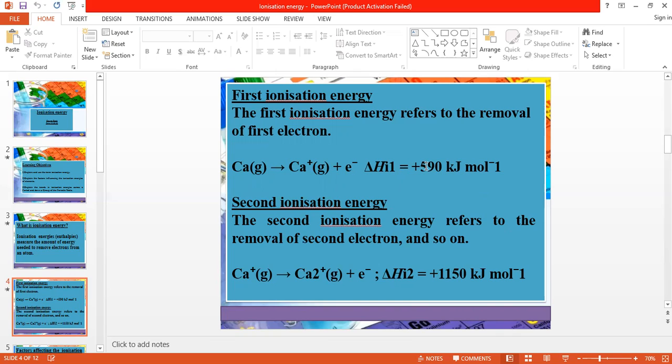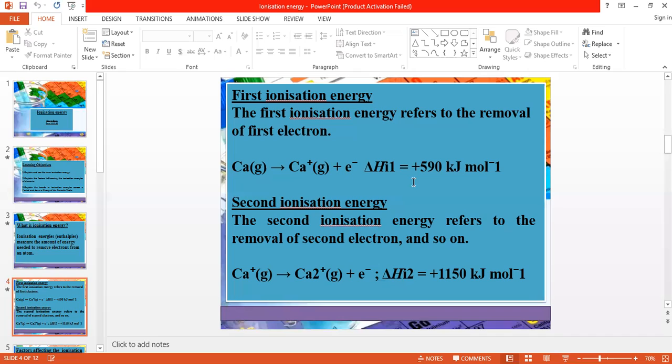The amount of energy needed or required to remove one electron from a gaseous atom, because this is written in G form, we call ionization energy. If you remove one electron, it is the first ionization energy. So we need 590.